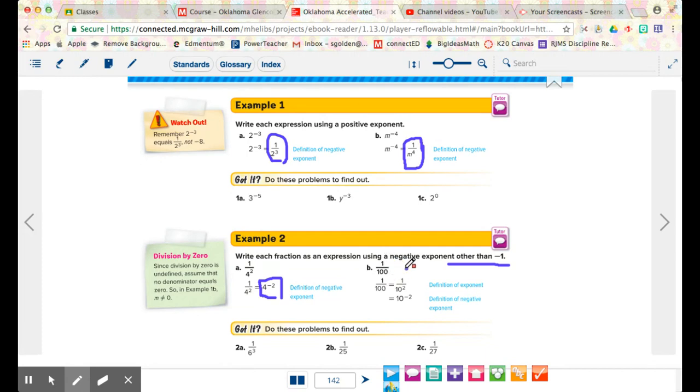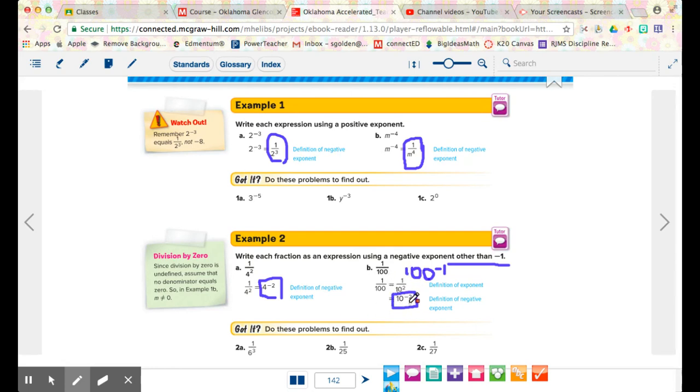We could just say, oh, well, that's 100 to the negative first power. They don't want us to use that. So that means we have to figure out what number we could write to an exponent. So they said here, okay, well, we know 100 is what 10 times 10 equals. So we could say 1 over 10 to the second power, which then would mean it's 10 to the negative second power.